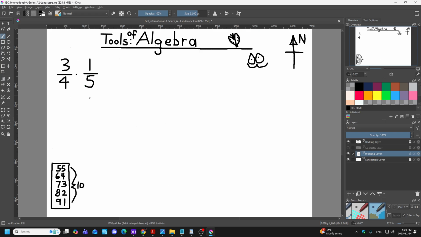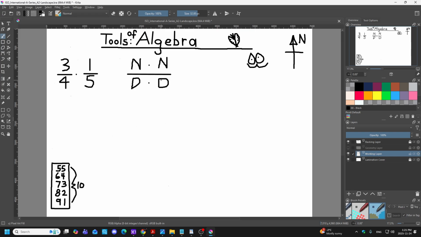Again, when it's already set up as a multiplication, when you're multiplying two fractions, it is as simple as multiplying the numerators together and multiplying the denominators together, separately and independently of each other.